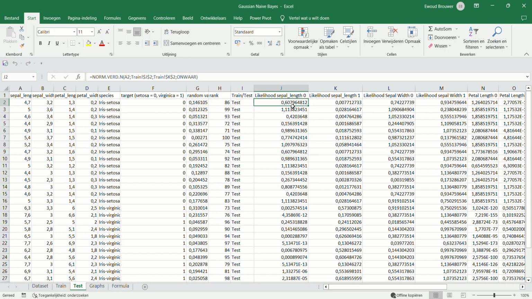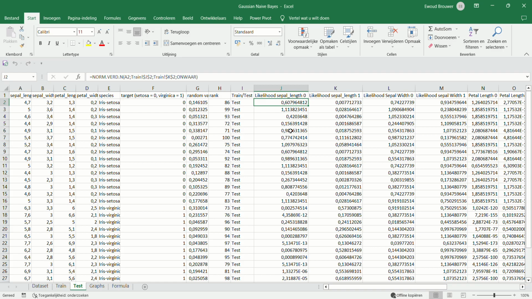Alright, so you can see here that the likelihood that this observation is Iris setosa is higher than the likelihood that this observation is Iris virginica. So if we only use sepal length as a feature, we will classify this observation as Iris setosa, which is correct.